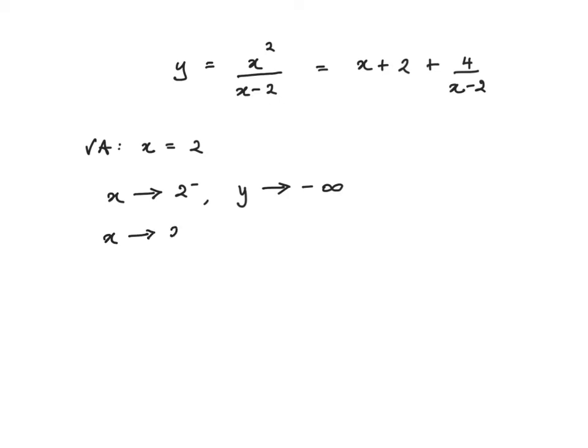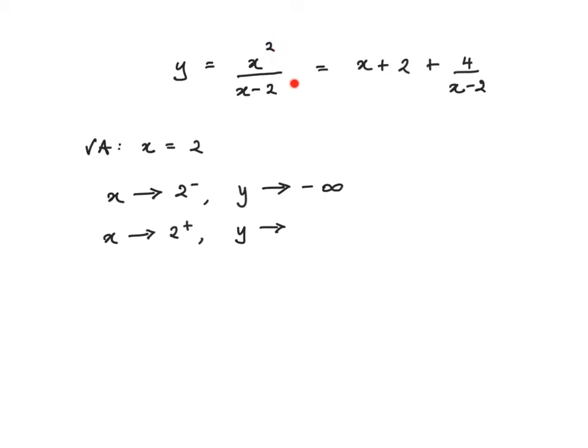As x tends to 2 from above, what happens? So we have y tending to, well, let's just see. So 2.1 say, or 2.01 or 2.001 subtracting 2 gives us a very small positive value. We've always got a positive on top because of the square.